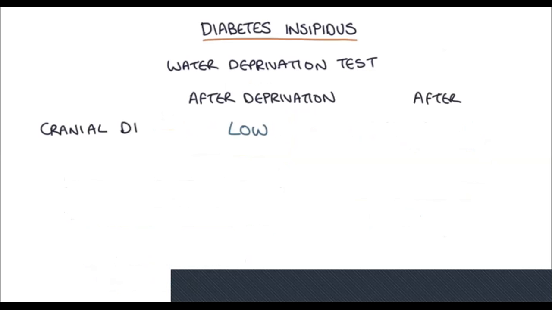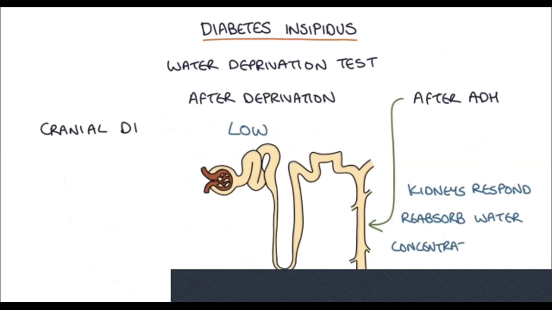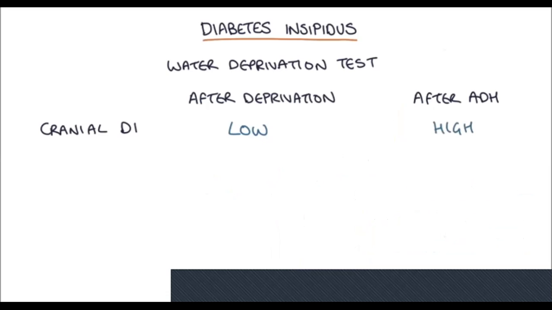Then, after the synthetic ADH has been administered, the kidneys will start to respond to that synthetic ADH by reabsorbing water and concentrating the urine. So 8 hours after the ADH is given, the urine osmolality will be high, and that way you know that it's cranial diabetes insipidus and the kidneys are still functioning normally.